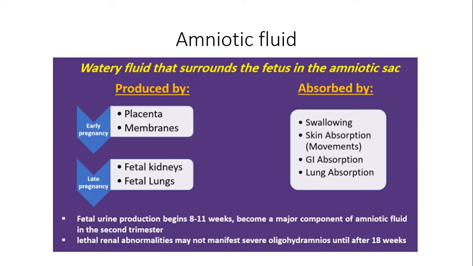Amniotic fluid is produced by the placenta and membranes in early pregnancy, and in late pregnancy by the fetal kidneys and fetal lungs. On the other hand, amniotic fluid is absorbed by the fetus during swallowing, skin absorption, and gastrointestinal absorption, as well as lung absorption.